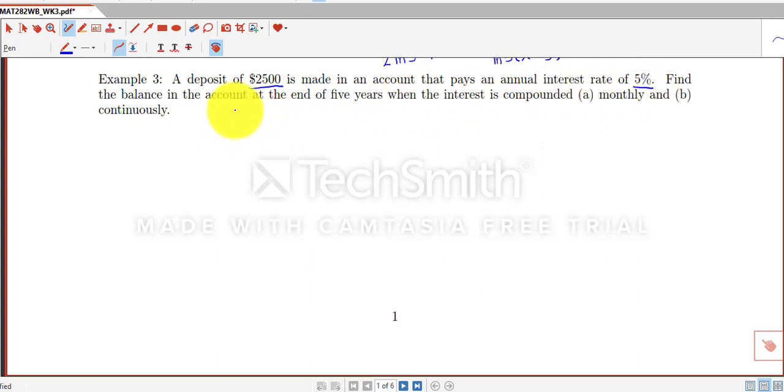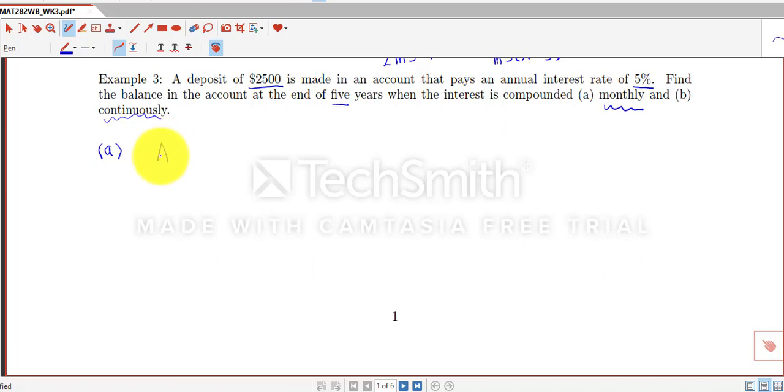Find the balance in the account at the end of 5 years when the interest is compounded A. monthly and B. continuously. Now for part A and part B, we will have to use two different models, and we have learned those formulas in pre-calculus.